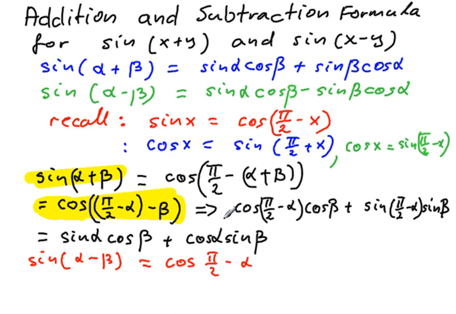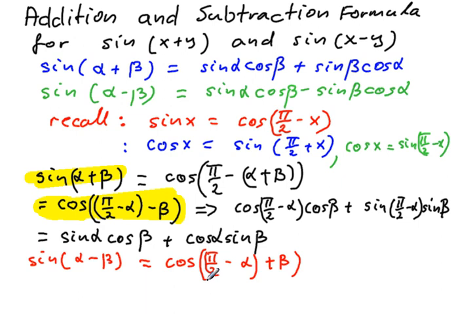I'm going to use the distributive property and so, distribute the negative sign. So negative alpha and plus beta. And I'm going to take advantage of the trick that we showed you in the previous proof. So this will save some time for us to show this.